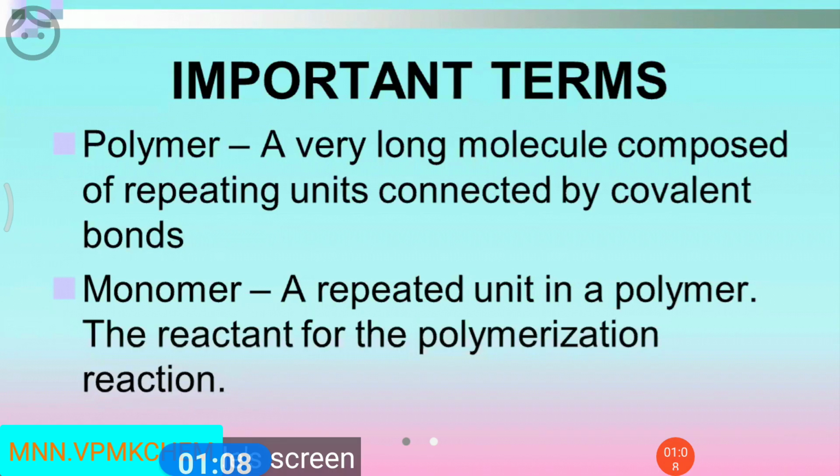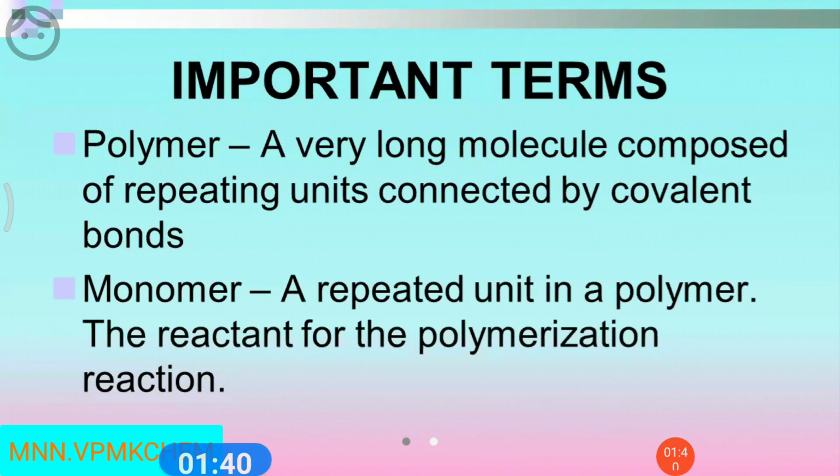The repeating units which are present in the polymer are known as monomers. It is also known as the reactant for the polymerization reaction. So these are the two important terms. Polymer is a very large molecule, and it is composed of the repeating units known as monomers. These monomers are interconnected with covalent bonds.